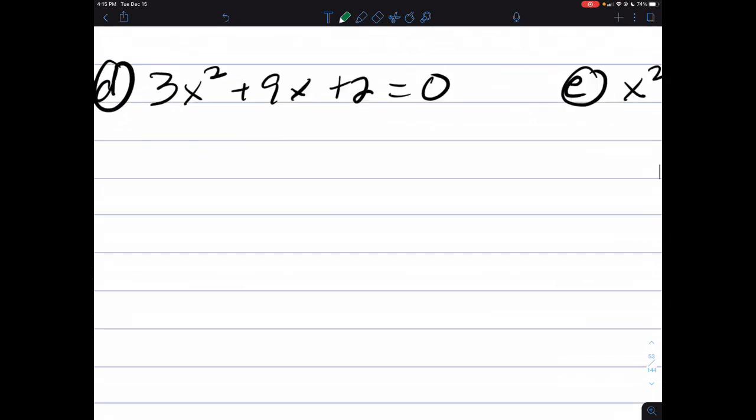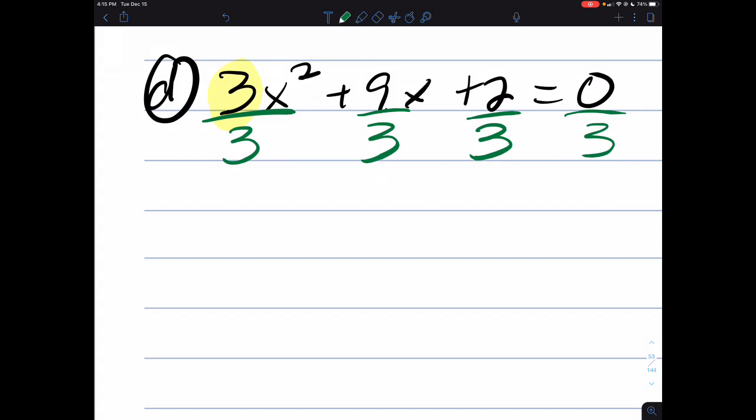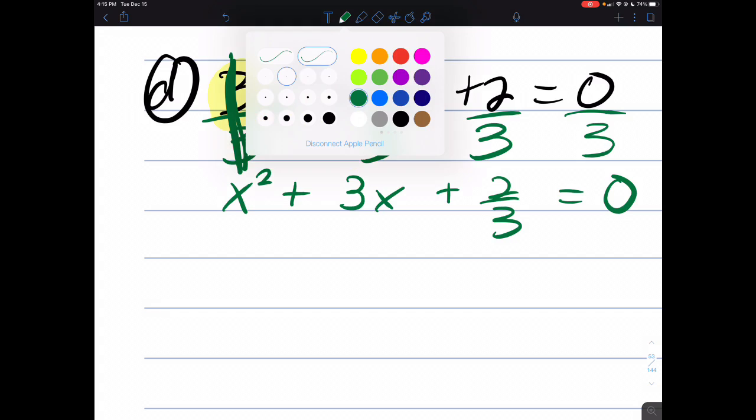Okay, on D. Notice that our A value does not equal 1, so we need to go ahead and divide all the things by the leading coefficient, which is 3. Forces that to be 1. So we have x squared plus 3x plus 2/3 equals 0.